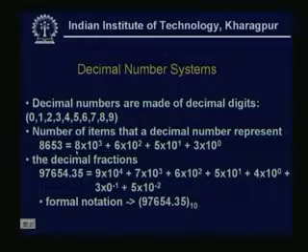So 8 into 10 to the power 3, that is 1000, plus 6 into 10 square, 5 into 10 to the power 1, and 3 into 10 to the power 0. This 8653 is the number of items.